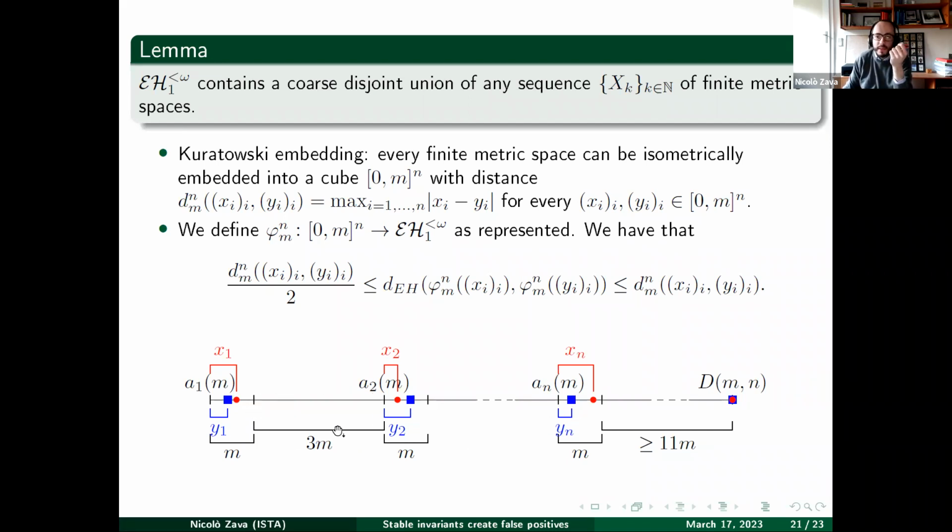Why? Because these blank spaces are big enough. So the best possible matching will be achieved between x1 and y1, x2 and y2, and so on and so forth. And the distance will actually be the maximum.